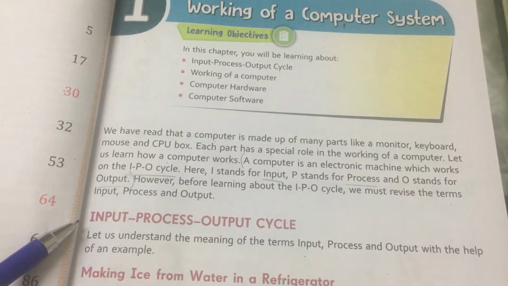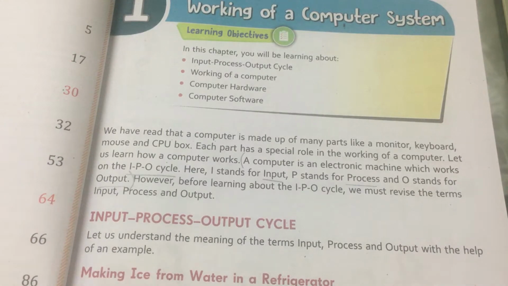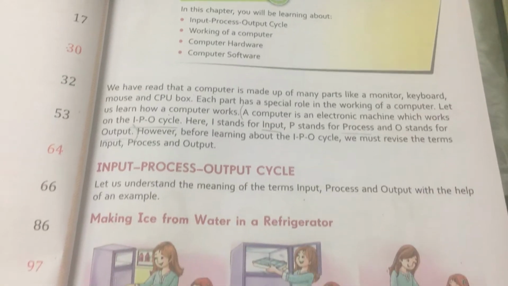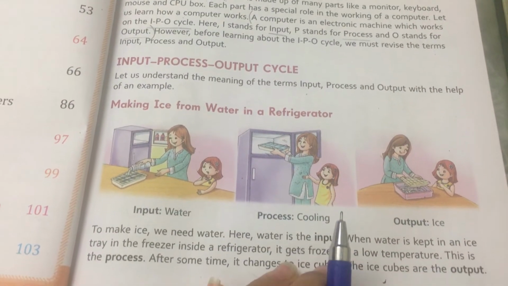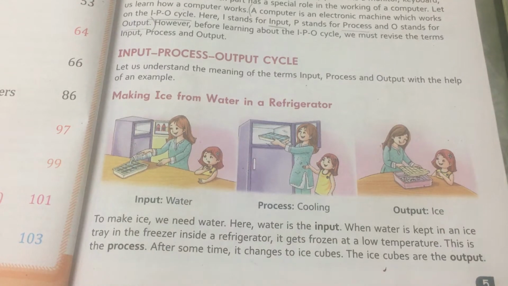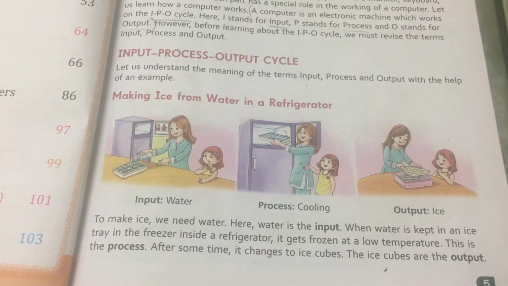Input, process, output cycle. Let us understand the meaning of the terms input, process, and output with the help of an example: making ice from water in a refrigerator. To make ice, we need water. Here, water is the input.